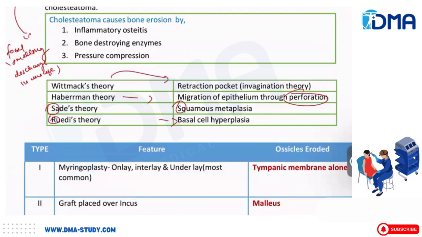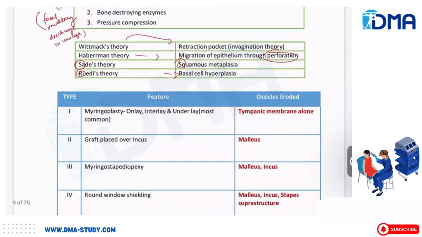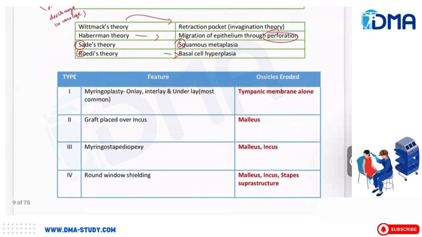Fine. Now I am having CSOM. With CSOM, I am going to get ear discharge, hard of hearing, ear pain. Sometimes it may even lead to complications inside the brain, facial palsy, whatnot. Okay. So in that case, I have two types of treatment for such conditions. Number one is hearing reconstruction.